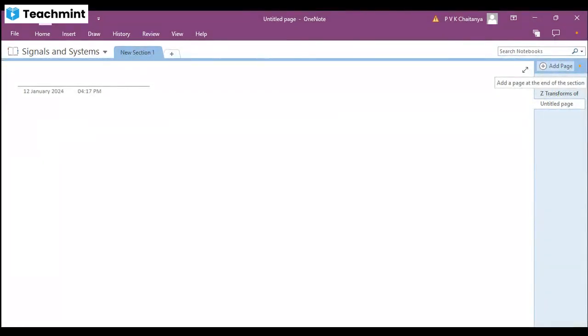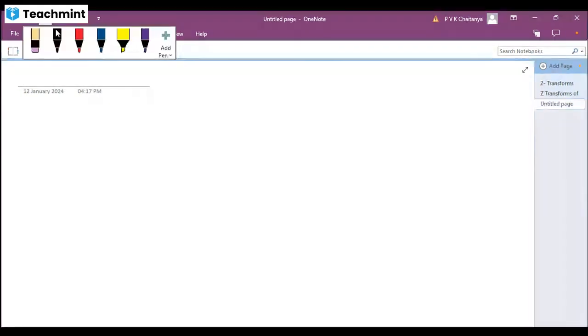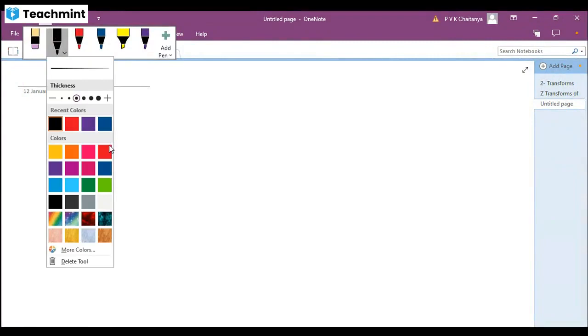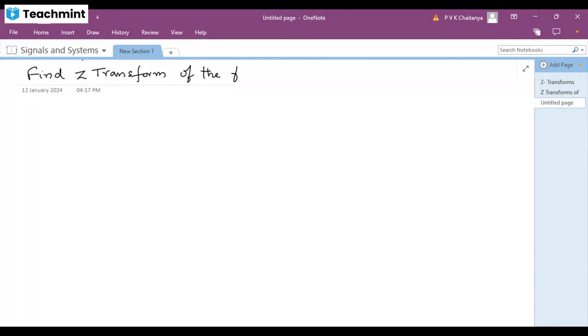So let us find the z transform of some basic signals. Find the z transform of the following.